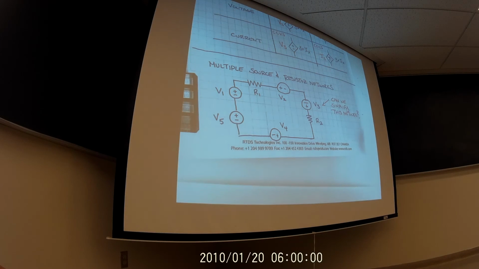And the reason why simplifying is good is because it makes it easier to solve. Right? The fewer components that we have to deal with, the smaller our equations will be, and the easier it will be to solve. So what are the rules here?